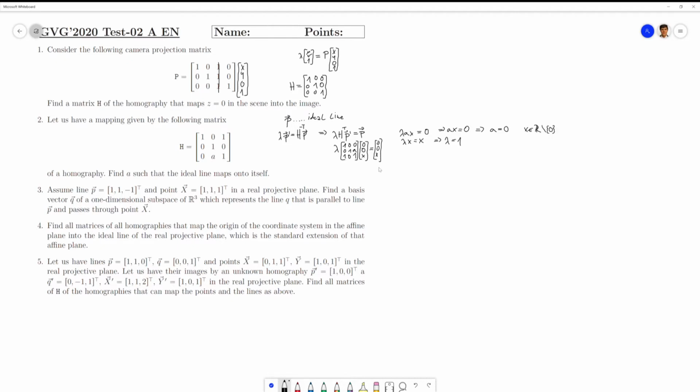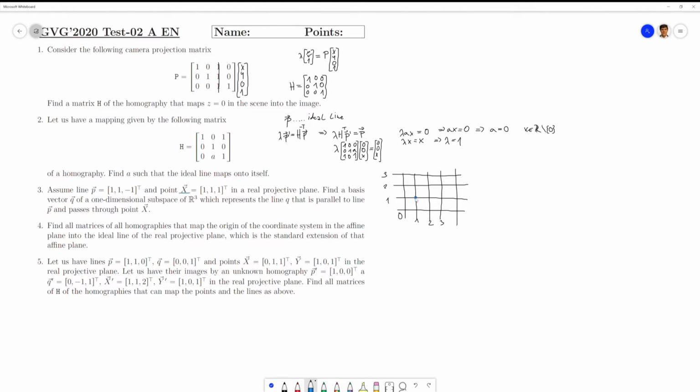In the third task, we have a given line p and we should find line q, which is parallel to p and which meets the point x. We can simply find points p1, p2 on line p because we know that a point incident with the line has dot product equal to 0.